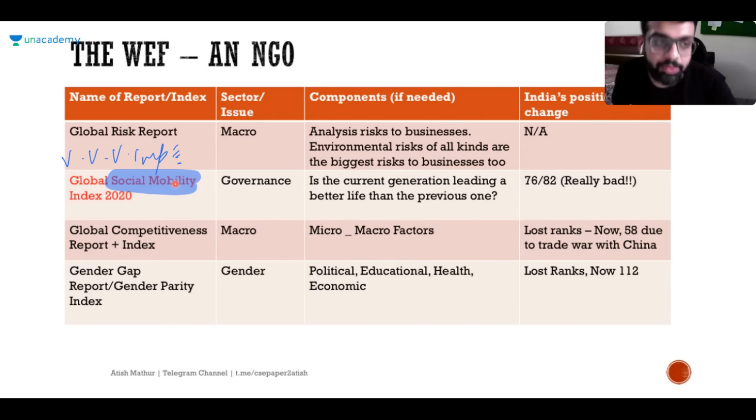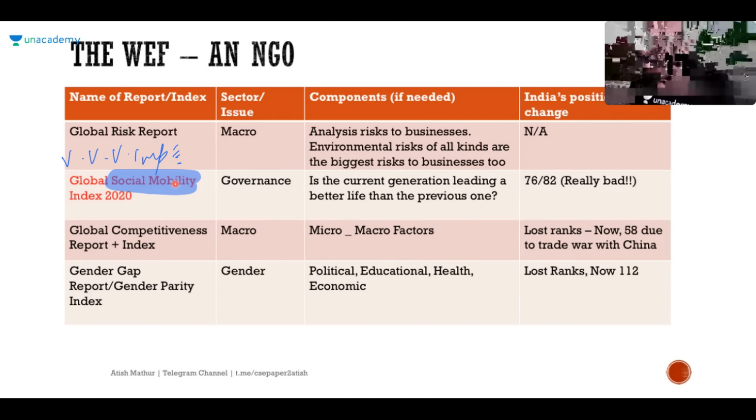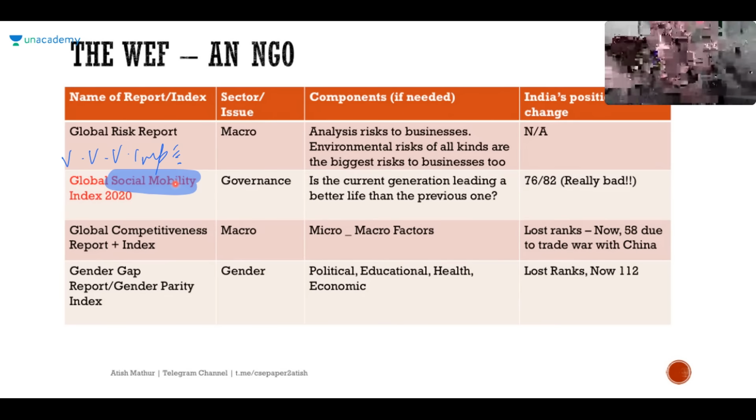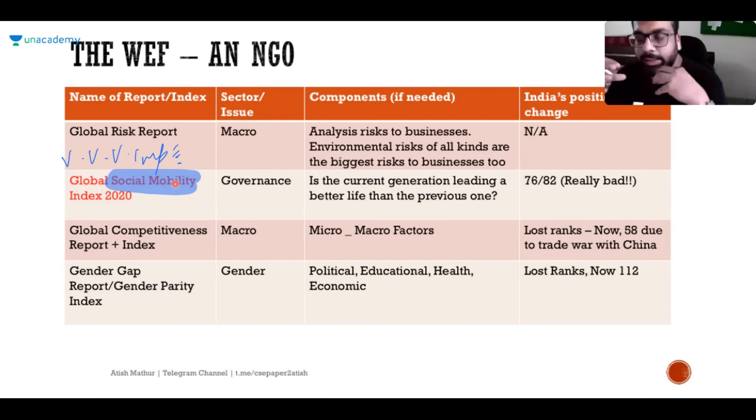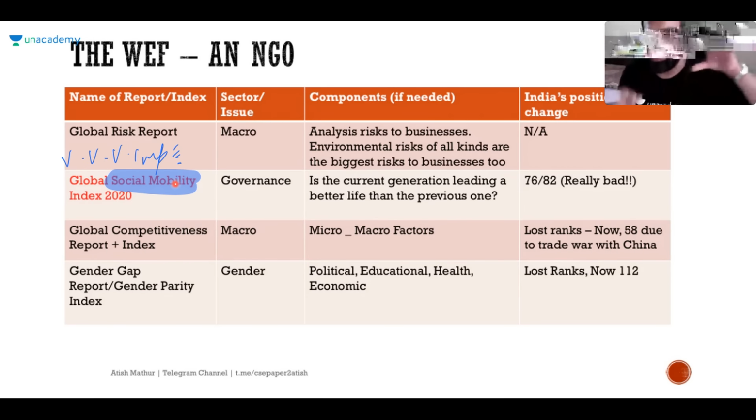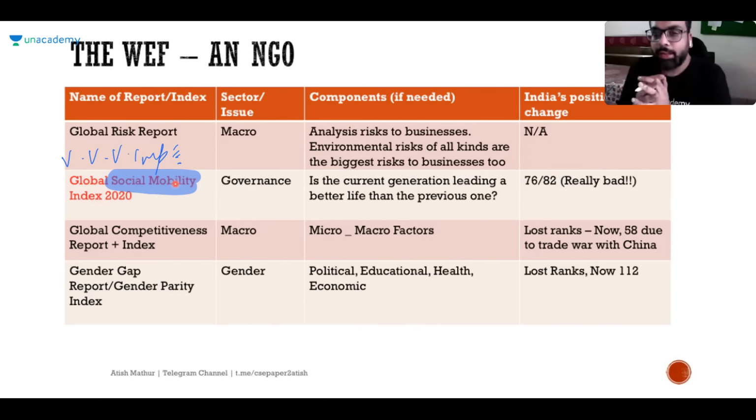The Global Competitiveness Report basically looks at a combination of micro and macroeconomic factors, which basically means the liberalization policy of the country and the wage rates in the country. If you add both of them together, how competitive does a country become in terms of market opportunities? Now India has lost a few ranks.